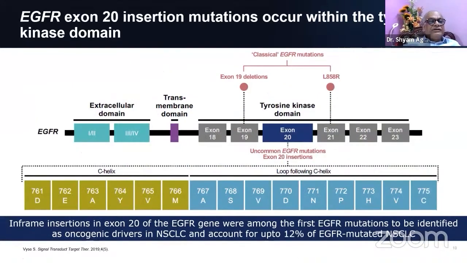So if you see here, the exon 20 insertion mutations occur within the tyrosine kinase domain. And this is the, as you see, the tyrosine kinase domain here. So 19, 20, 21.